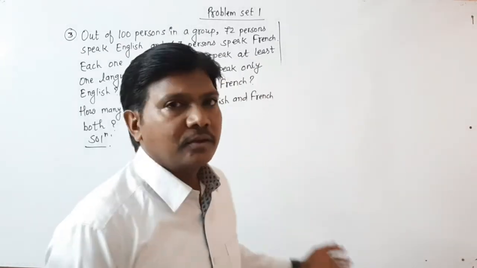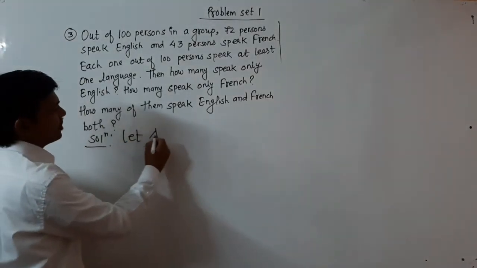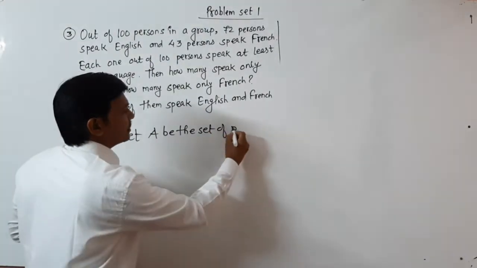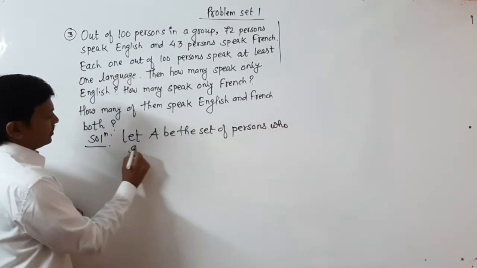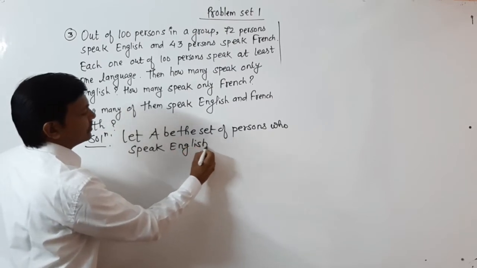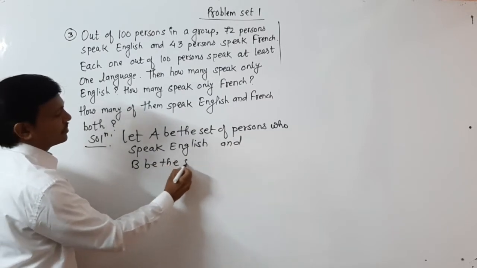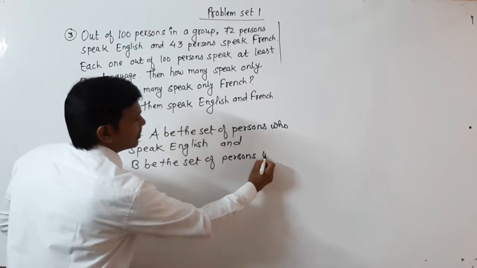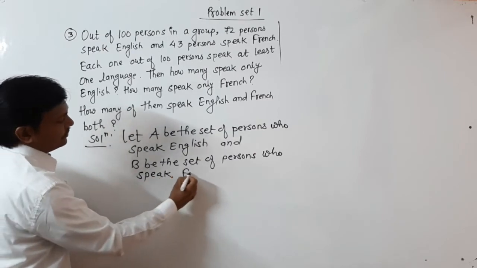So see the steps. First we consider, let A be the set of persons who speak English, and B be the set of persons who speak French.